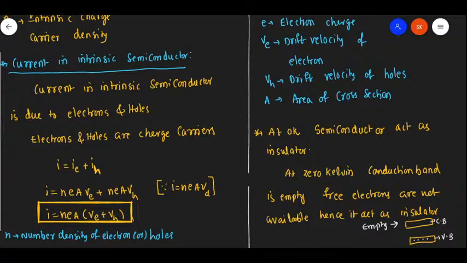No temperature, no heat, so no electrons jump to the conduction band. Only free electrons can produce the current. In rubber also electrons are there, but free electrons are not there. That's why current will not flow.